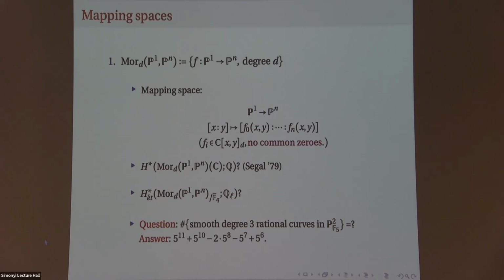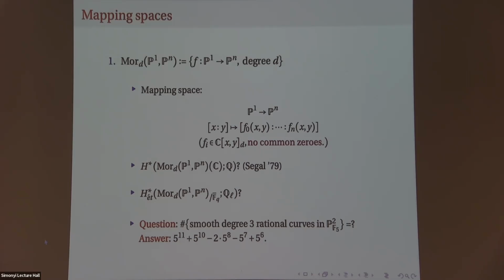And furthermore, being able to answer things for F_q bar would be interesting, because one would be able to answer things of arithmetic nature, like how many smooth degree-three rational curves are there in the projective plane over F5. So in the projective plane over F5, one can count the number of degree-three curves. That's some polynomial in q. I shouldn't try to compute this, but its dimension is easily computable.